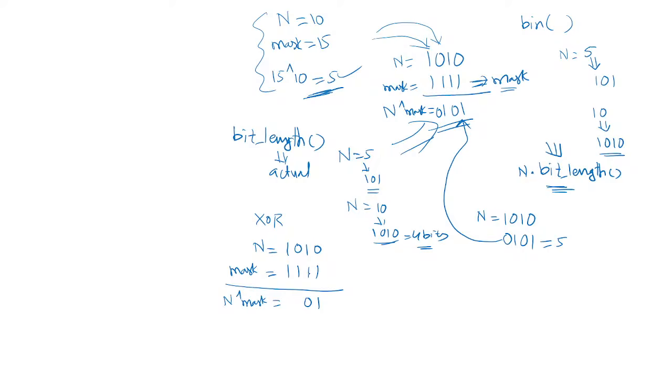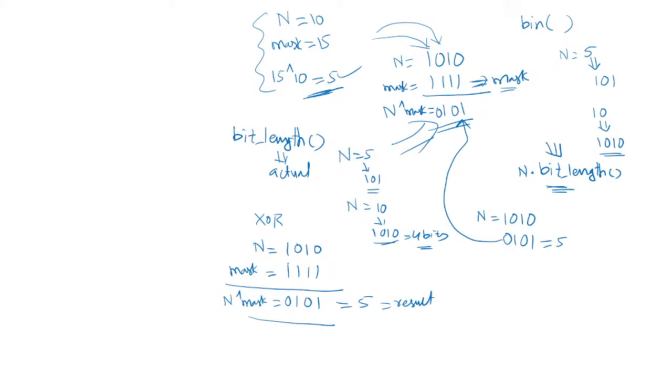If the bits are the same, the result is 0; if different, it is 1. Now this is the 5, which is nothing but our result. So we can use this XOR property and directly get the result. No need to write any loop. We can just use the exclusive OR operator.